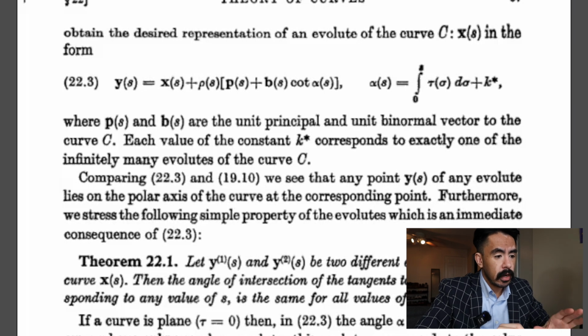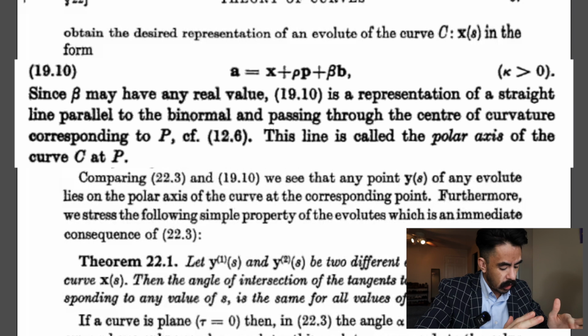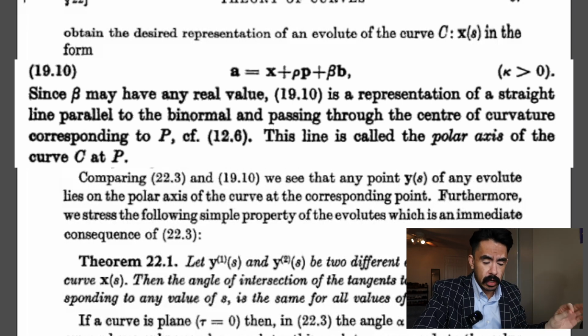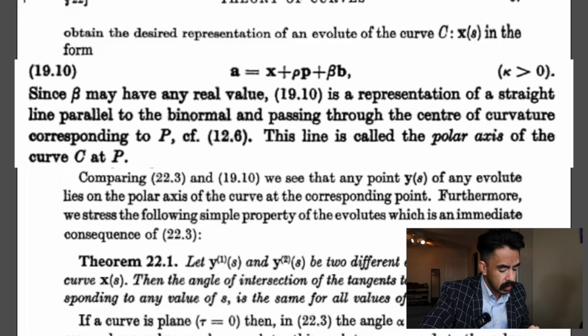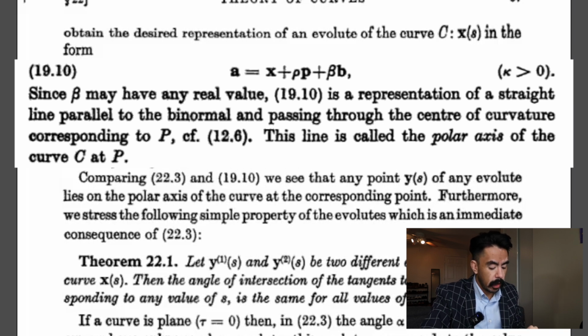Now, comparing the formulation for evolutes with an earlier section, section 19, we were given this vector A equals vector x plus rho, the radius of curvature, times the vector p, the unit principal normal, plus beta times the unit binormal vector.